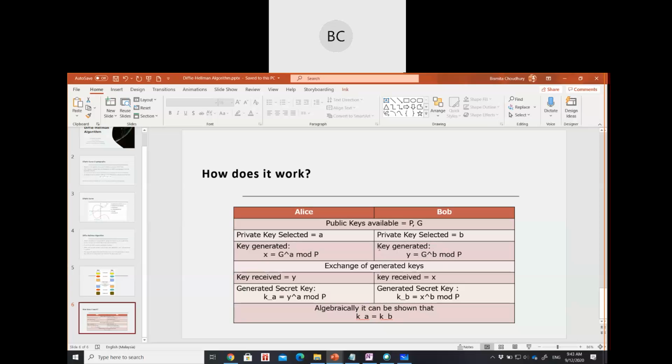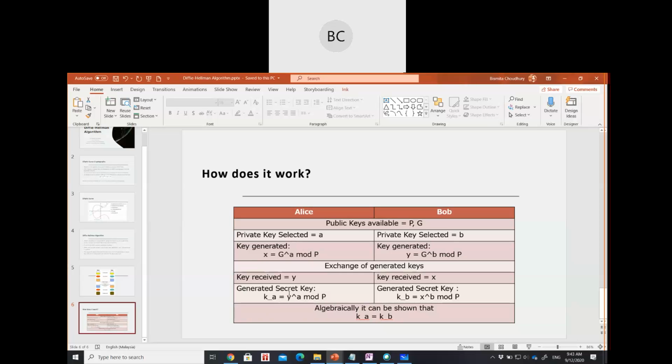After creating this key, both of them will exchange the generated keys. After the exchange, Alice will receive the key of Bob, which is Y, and Bob will receive the key generated by Alice, which is X. After that, they will again generate a secret key, which you can represent as KA.